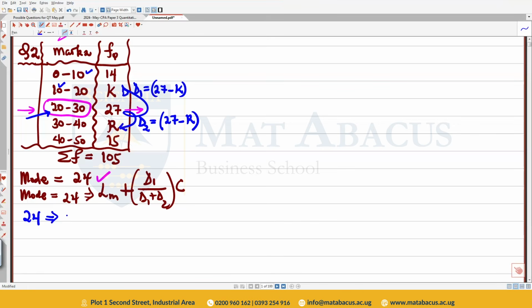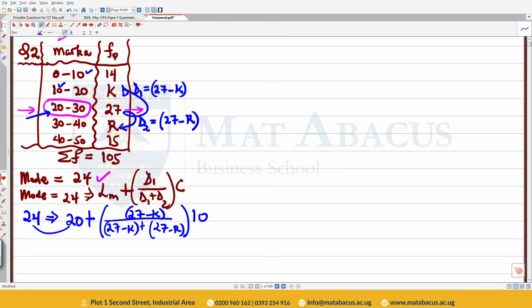So 24 is equal to the lower class boundary, which is 20, plus D1, which is 27 minus K, over D1, 27 minus K, plus D2, 27 minus R, multiplied by C. C is the difference between 20 and 10, upper and lower, so it is 10.